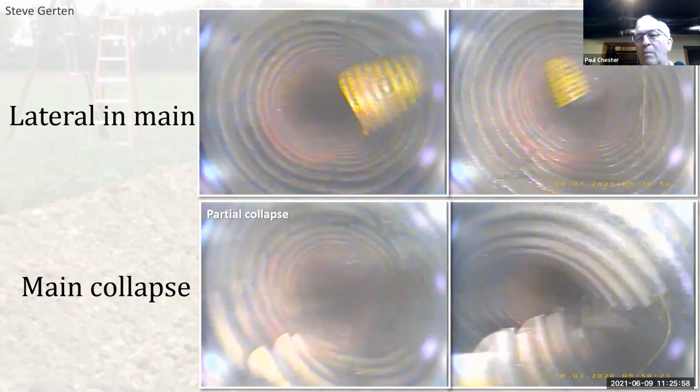We ran a camera through it to determine if it was just a single area or what the situation was, but we found it to be true, not just in one spot, but a lot of that portion of that main that was put in was deteriorated or cracking.